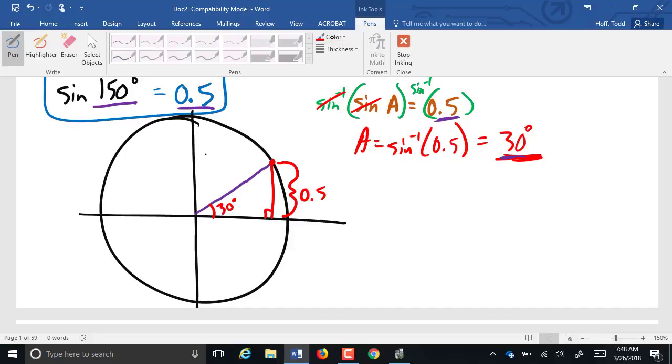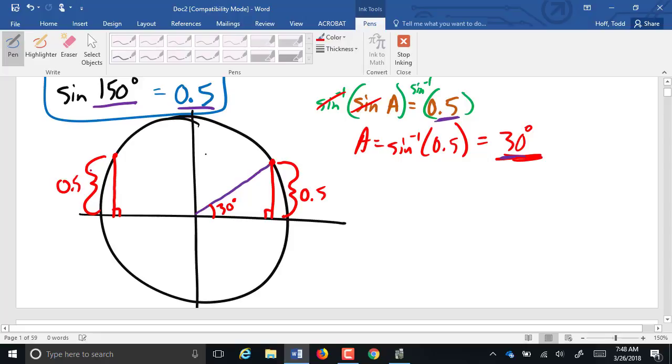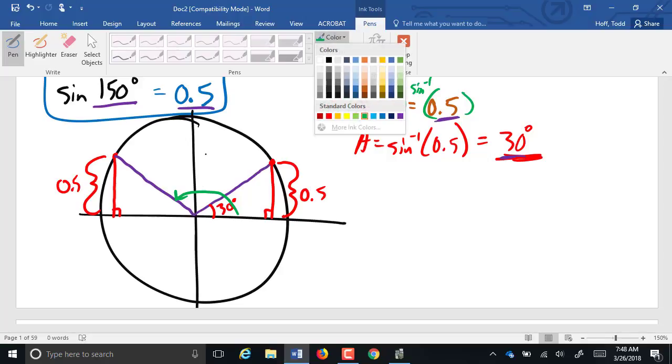But there are other spots on this unit circle that have a sine of 0.5. If I trace this here straight across, right there, that's also a sine of 0.5. The terminal side of that angle would be right here. What angle is that defining? 150.